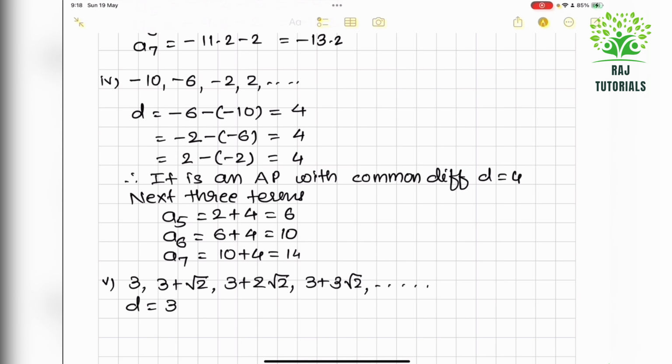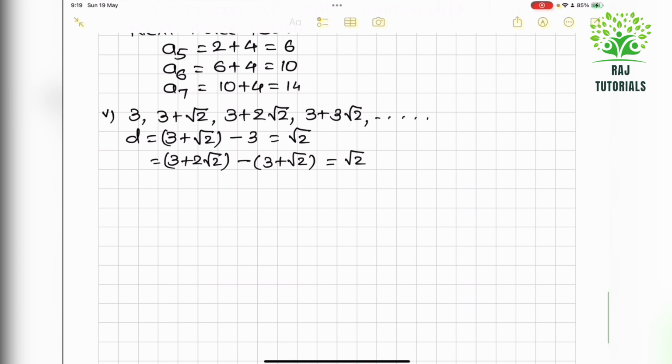So D equal to 3 plus root 2 minus 3, that is root 2. 3 plus 2 root 2 minus of 3 plus root 2, that is root 2, and 3 plus 3 root 2 minus of 3 plus 2 root 2, that is root 2.